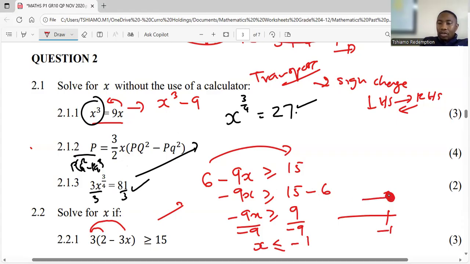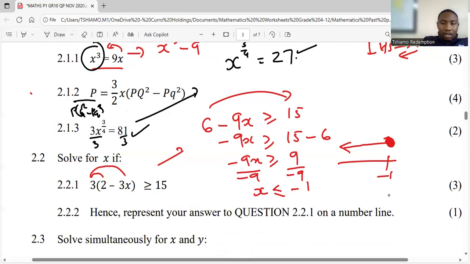The minus 1 is included. Then move it to the left, in the direction of the inequality. That's your answer.